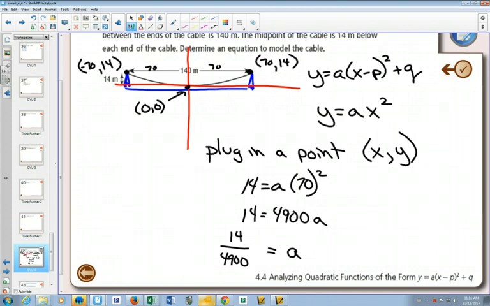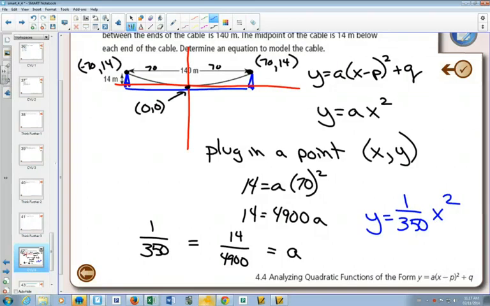Now, if you take 4900 and divide it by 7 and then divide it by 2, this does reduce to 1 over 350. And so now we've figured out the value of A. We can write our equation: y is equal to 1 over 350 x squared.